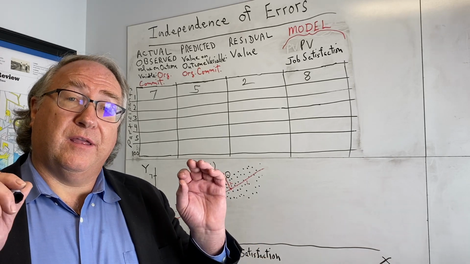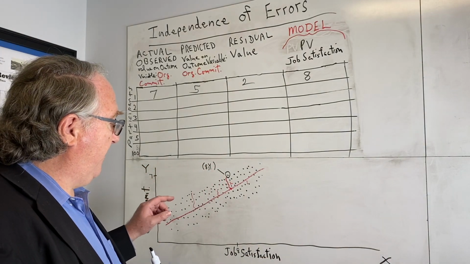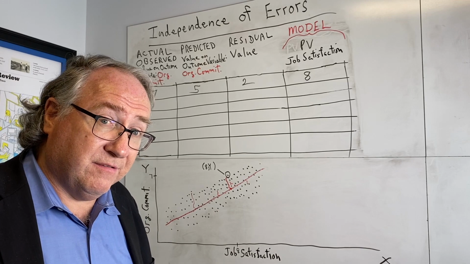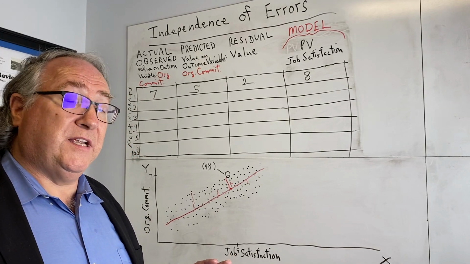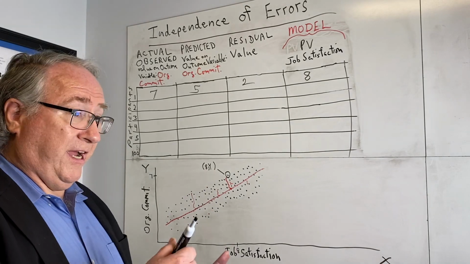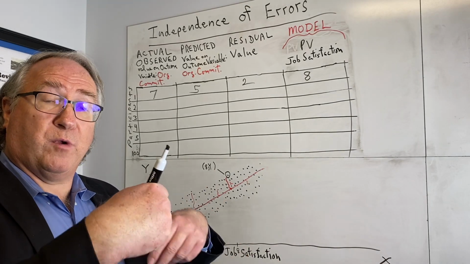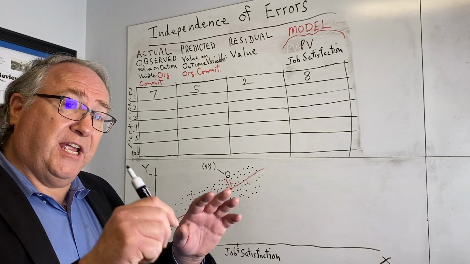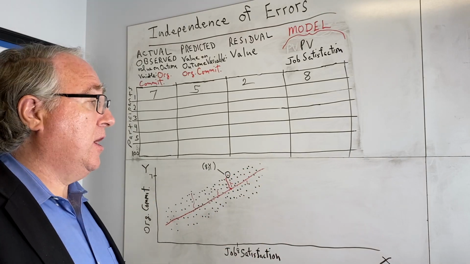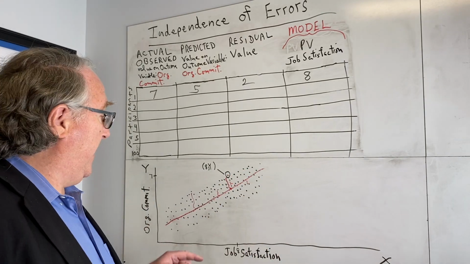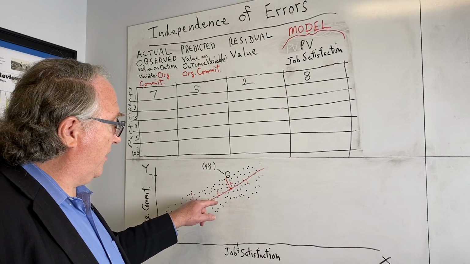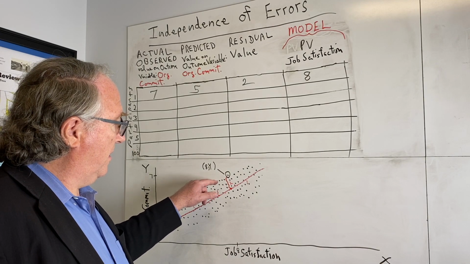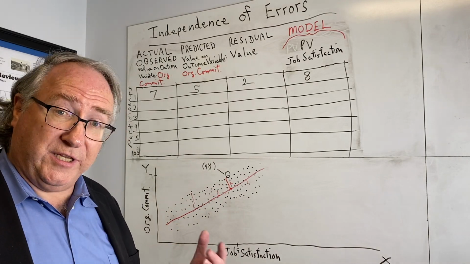Because if you do not meet the independence of errors assumption, which means that your residual values are actually correlated with one another, they're related with one another, they don't stand separate and independent from one another, what that also means is that your actual observed values on the outcome variable measure are also correlated with each other.